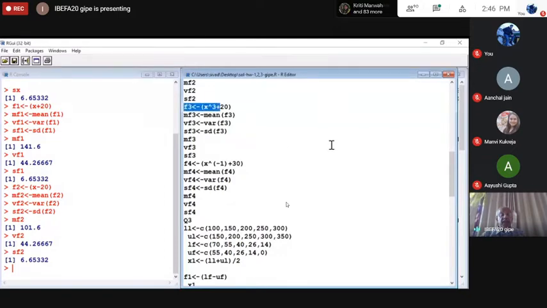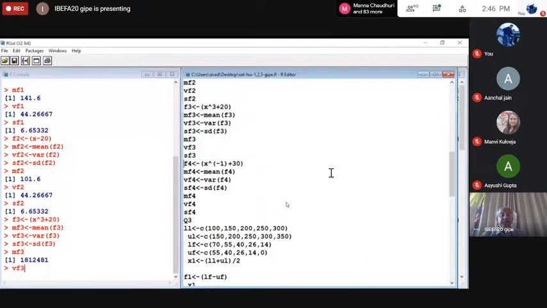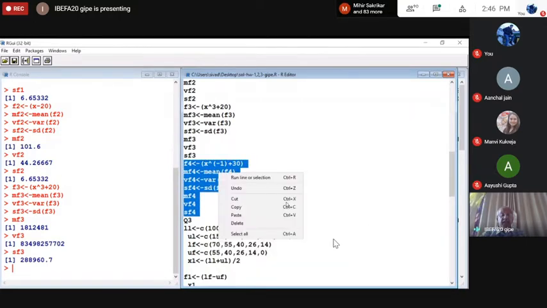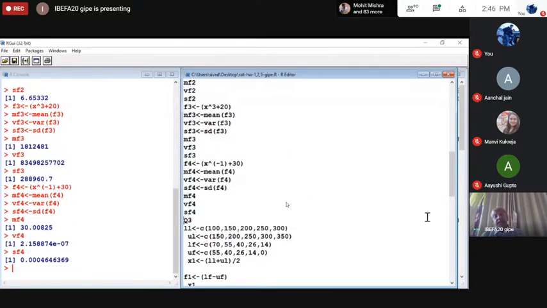Third function is cube of x plus 20, then mean, variance, standard deviation. And finally, x raised to minus 1 plus 30, mean, variance, standard deviation. That is question number 1.